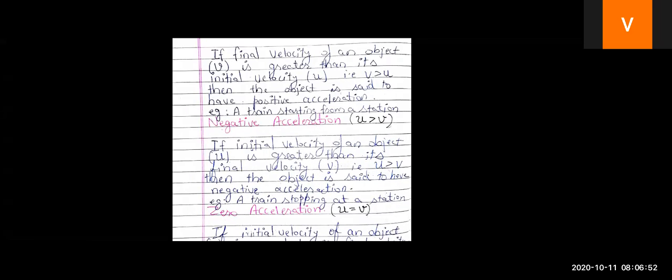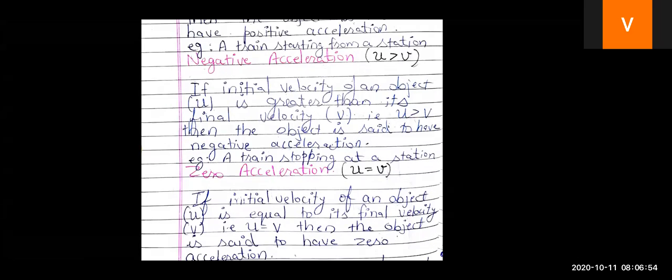Next is, children, negative acceleration. Quite similar to positive acceleration, only one change over here. Here we will take the example of a train which is approaching a railway station. As the train approaches the station, slowly its velocity will become 0.